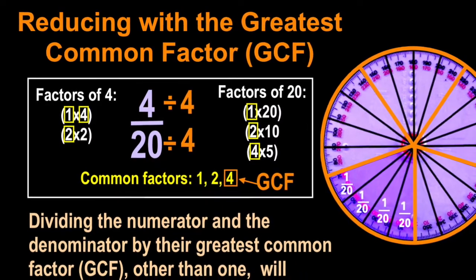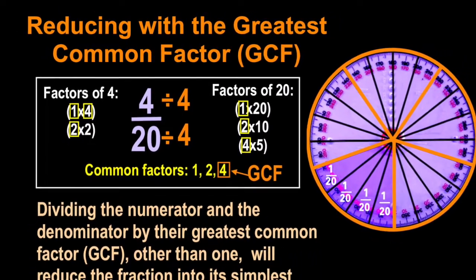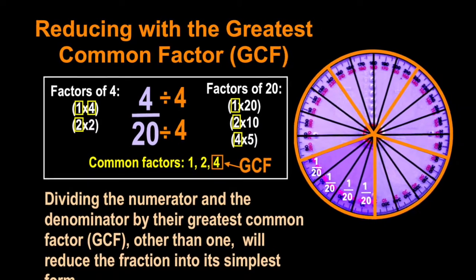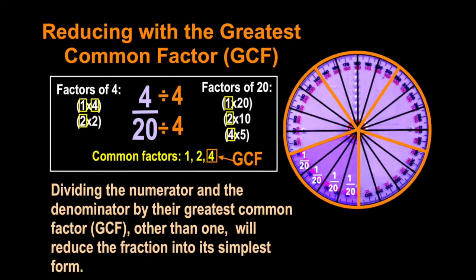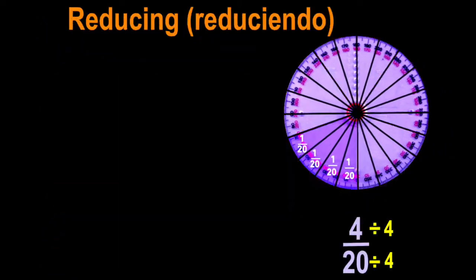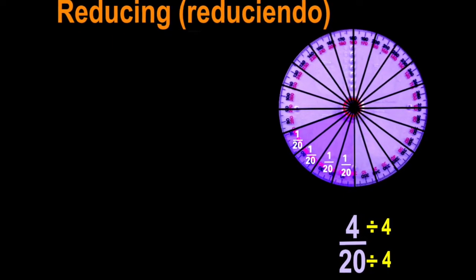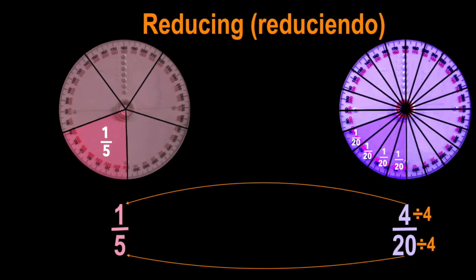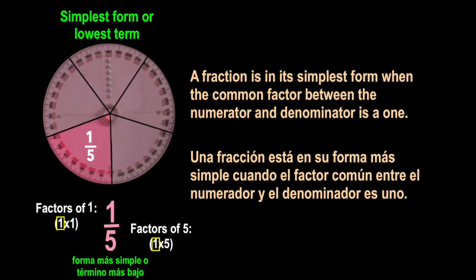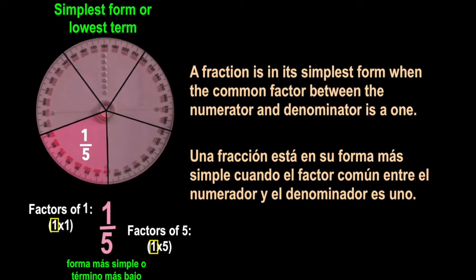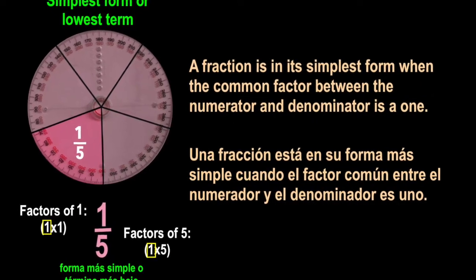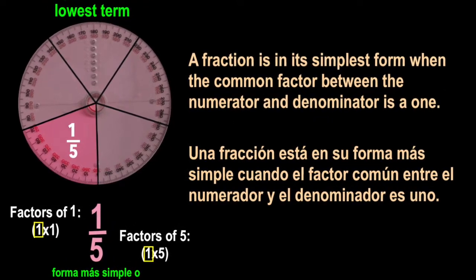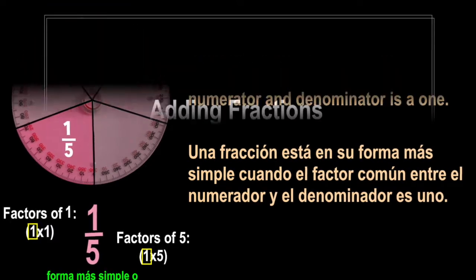Dividing the numerator and the denominator by their greatest common factor will reduce the fraction into its simplest form. 4/20 divided by 4/4 is equivalent to 1/5. A fraction is in its simplest form when the common factor between the numerator and the denominator is a 1.